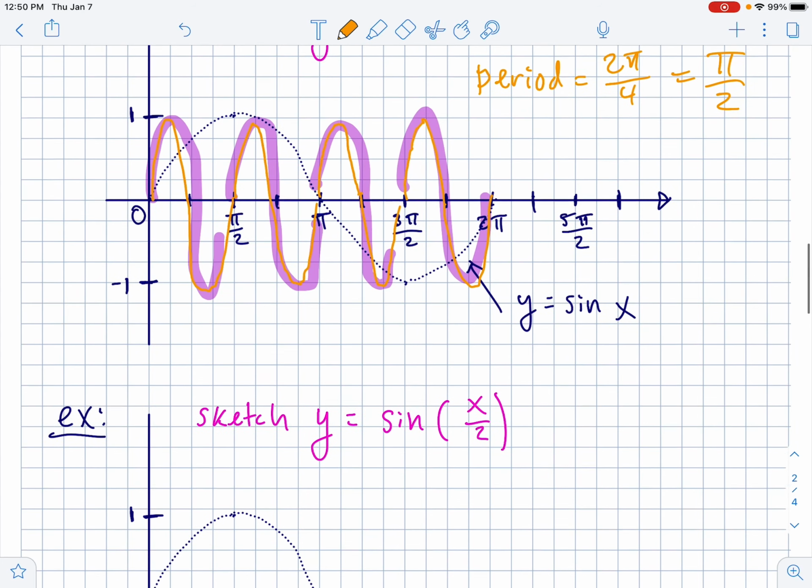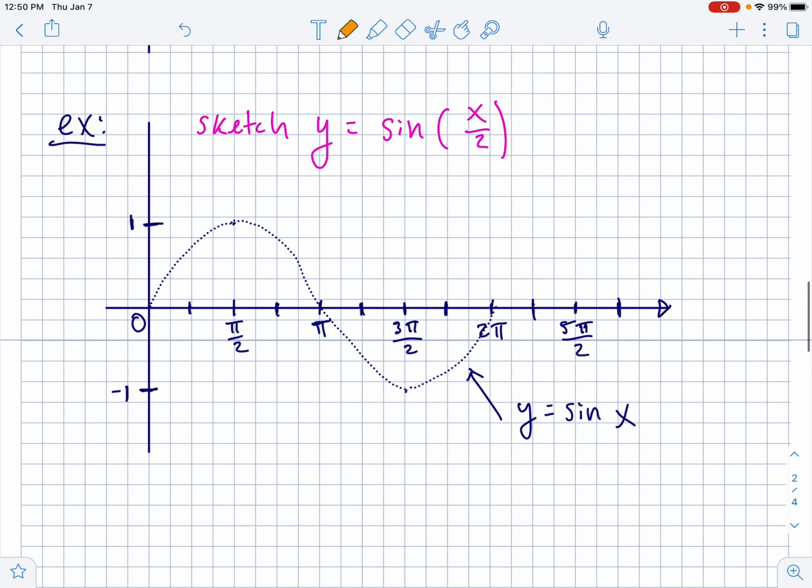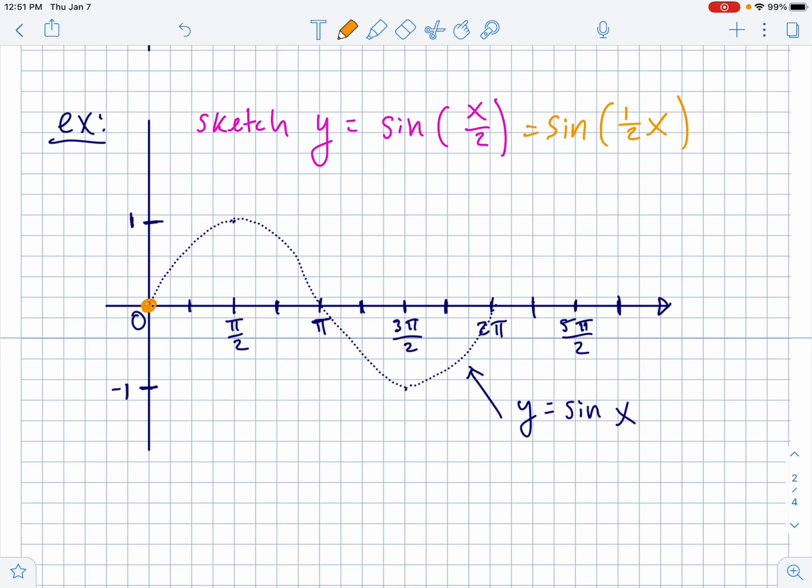Now, those were all whole, large integer values of b. Let's talk about a fractional b value. Remember that if you have x over 2, that's the same thing as saying sine of 1/2 x. The way I think of this is that half a sinusoid is going to happen between 0 and 2 pi. So we're not even going to get through a full mountain and valley between 0 and 2 pi. We're just going to get through half of the curve, which would be the mountain.